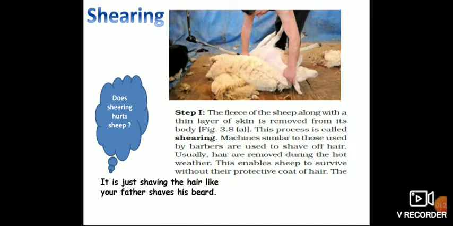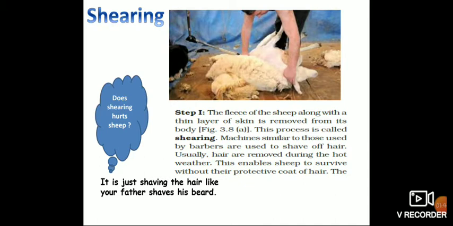Shearing. Shearing means, see what you can understand from the picture, children. Yes, they are removing the hairy skin. Step 1. The fleece of the sheep. What do you mean by fleece, children? Hair of the sheep. Yes.